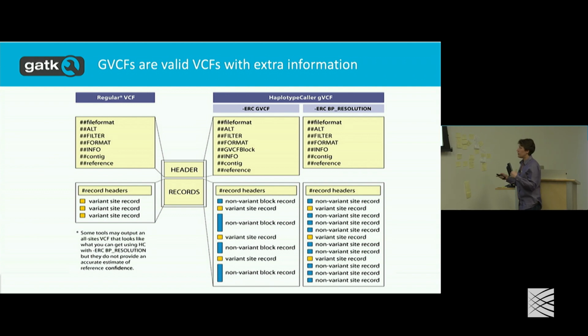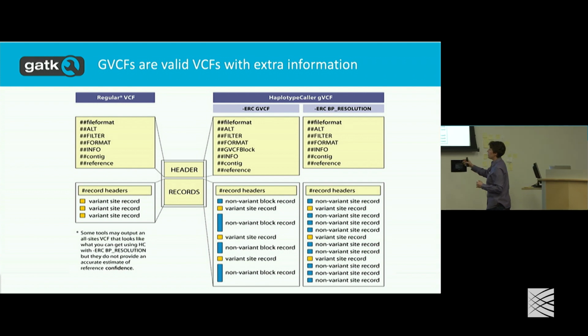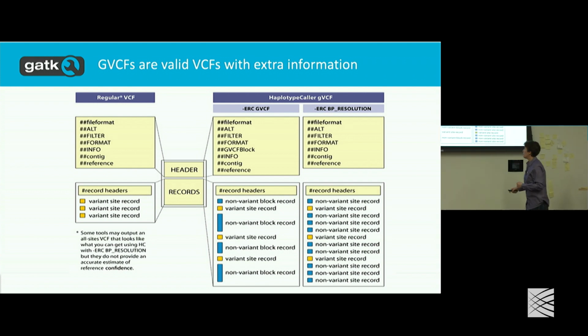The one we generate by default has, of course, the variant site records, but also these non-variant records. Now, the detail here is that they're block records, as opposed to base pair resolution GVCFs, where you have actually a separate record for every single position in the territory you analyzed, potentially your entire genome.